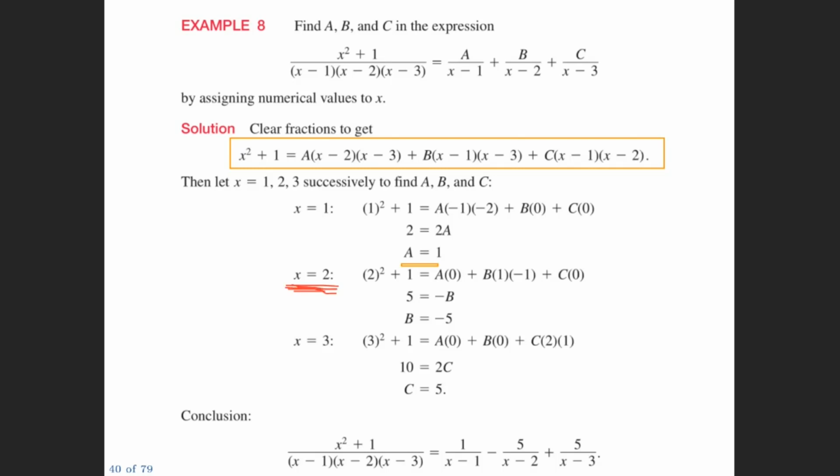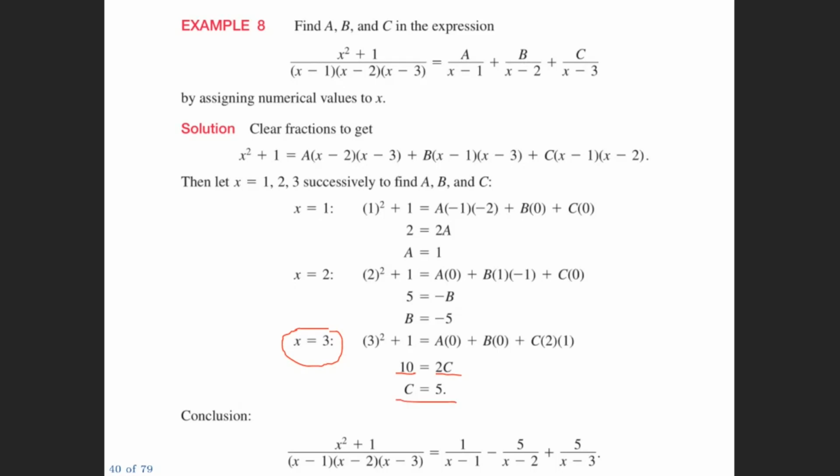Now we get 0 minus b plus 0 on the right side, and on the left side b. So that's an easy way to find b. And then finally we can guess what happens if we put x equal to 3. Then we find 10 on the left and 2c on the right, so c must be 5. And then we get our answer. This is another technique to find partial fractions.